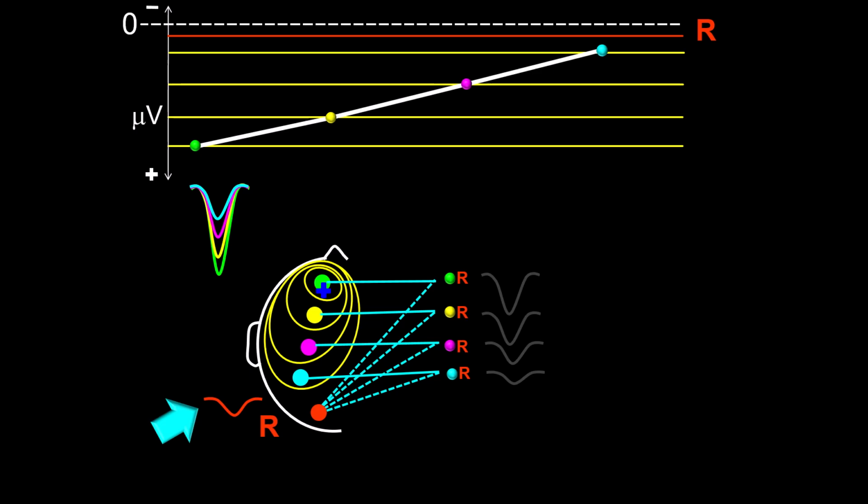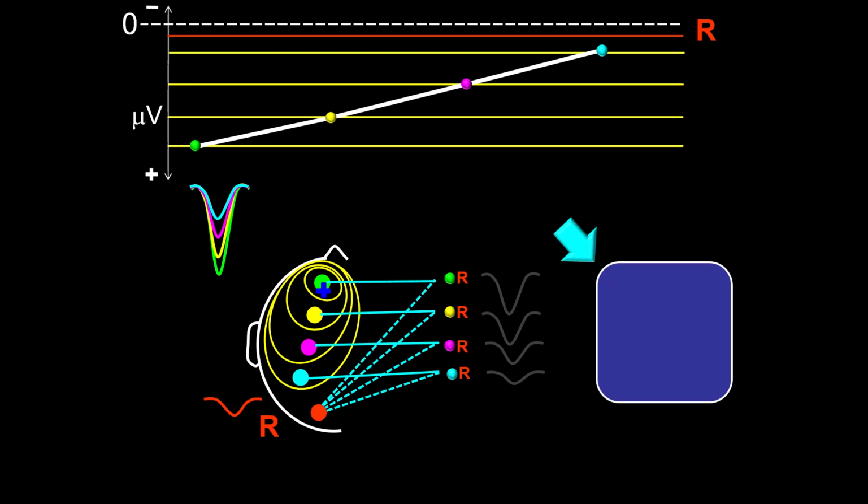Now I will introduce a blue box to explain what happens within the differential amplifier. This blue box is there to show you what happens in each amplifier, as I previously told you. So inside the amplifier, certain things happen in order to produce a wave of a given amplitude and polarity.